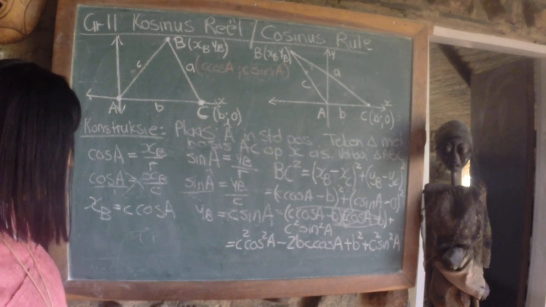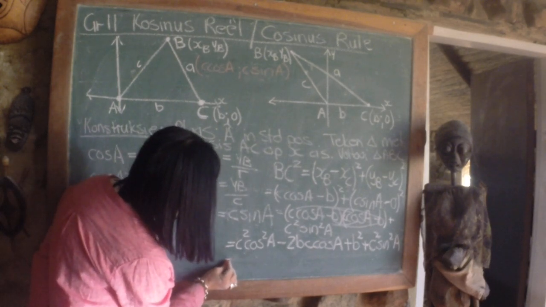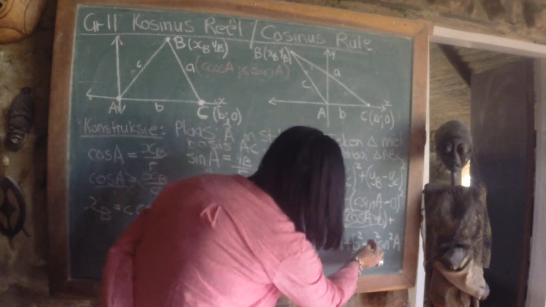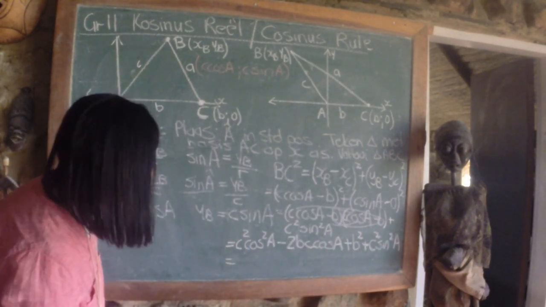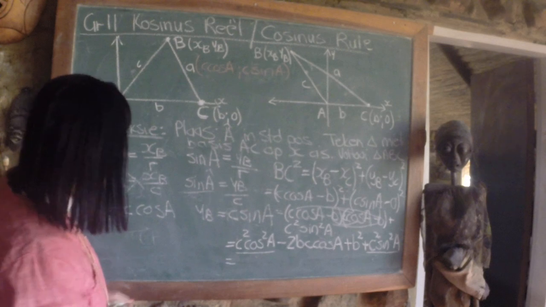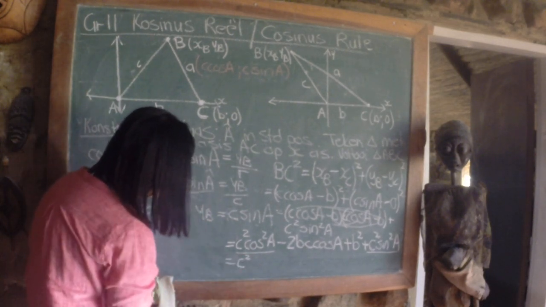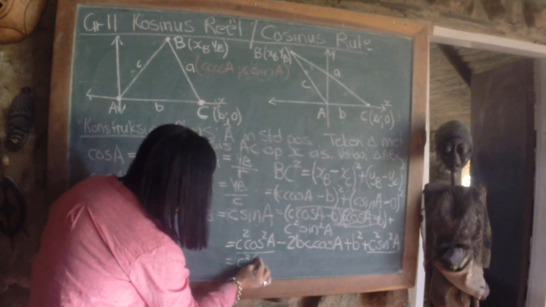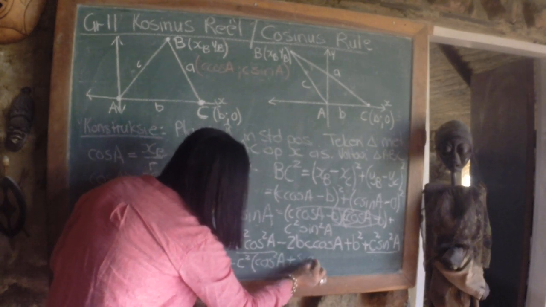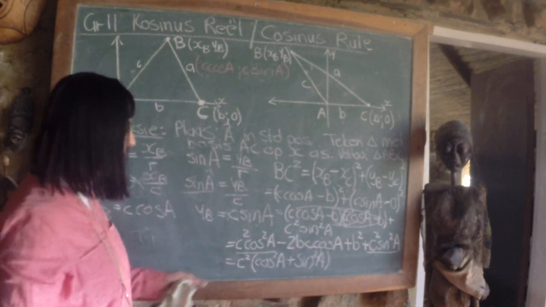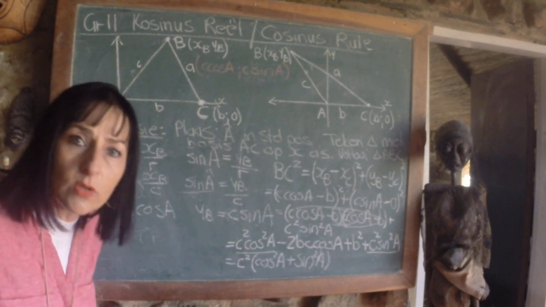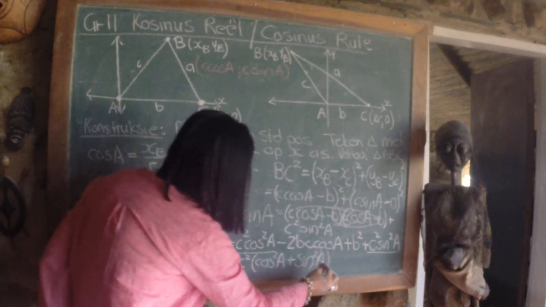Okay, so now we've got a c squared cos squared A and a c squared sin squared A. So let's take those two and we take out a common factor of c squared. c squared, then cos squared A plus sin squared A. And grade 11, that's a very well-known identity that you know, and what is its name? It's equal to 1. So that's great.